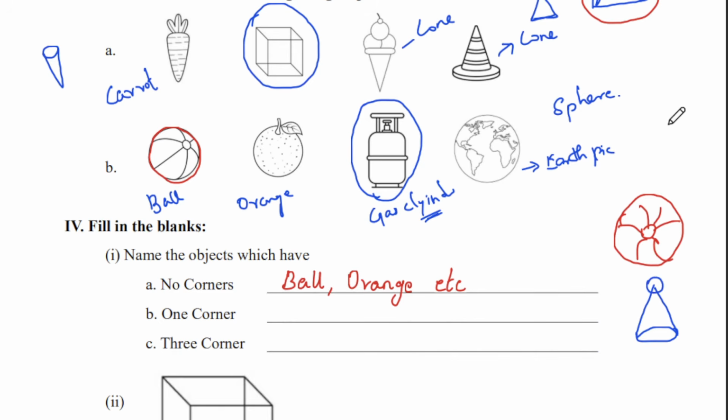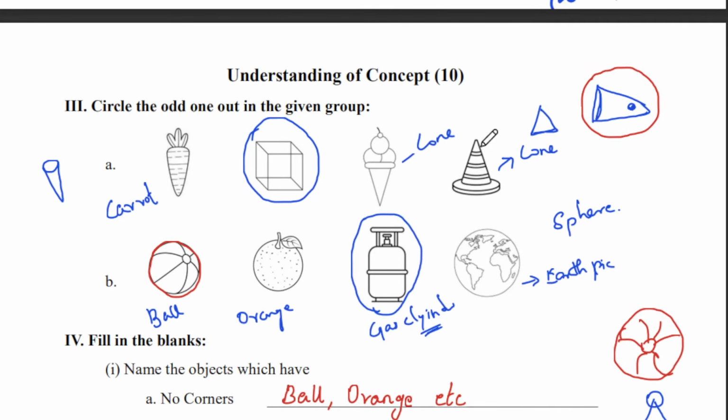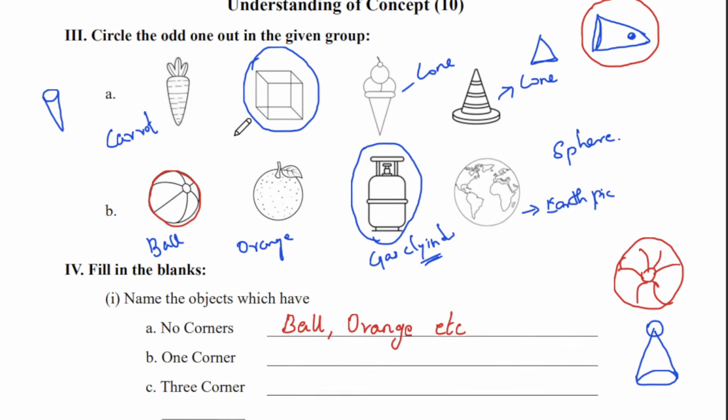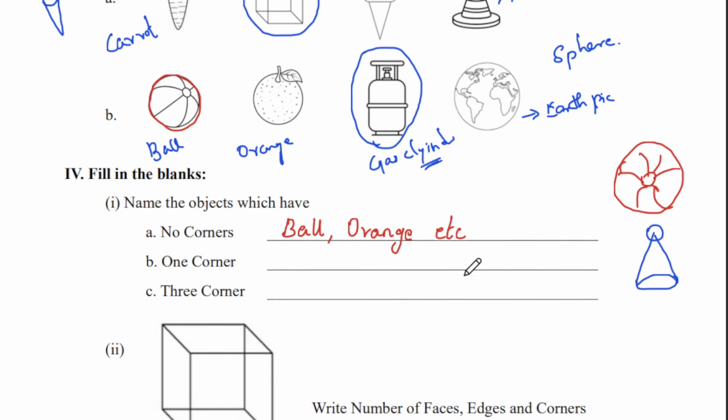For example, you can write ice cream cone, or a carrot, a vegetable, or a hat, anything. Birthday hat, birthday cap, etc. Okay.